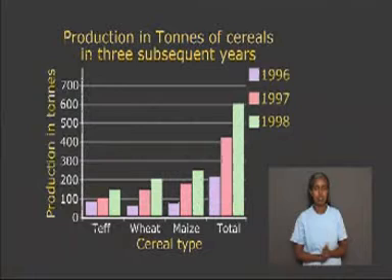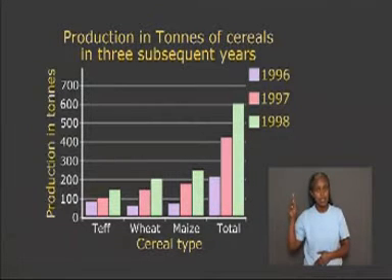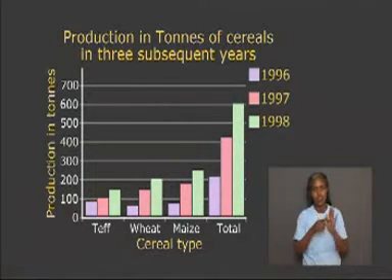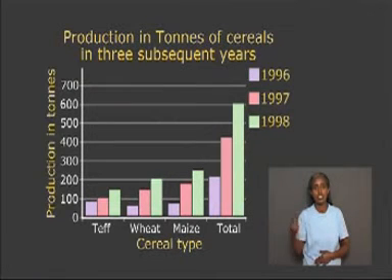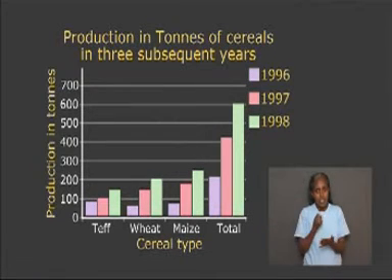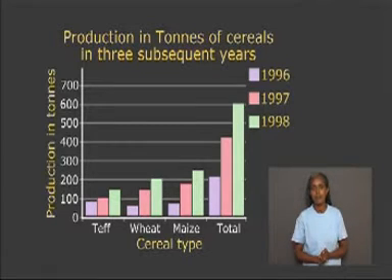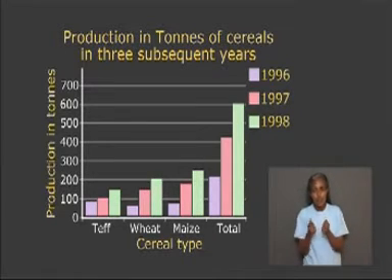This multiple bar chart shows that the production of each type of grain has increased over the 3-year period. The production of maize appears to have increased the most.